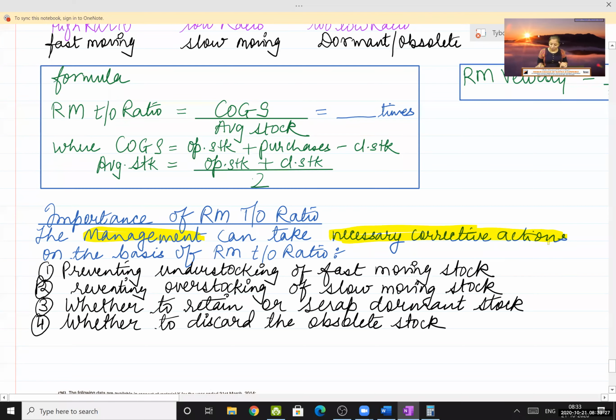That is decision making, on the basis of raw material turnover ratio. So what decisions can they make first? Prevent understocking of fast moving goods, obviously. If your goods are fast moving, you will not understock it, you will keep a decent stock level of it in the godown.